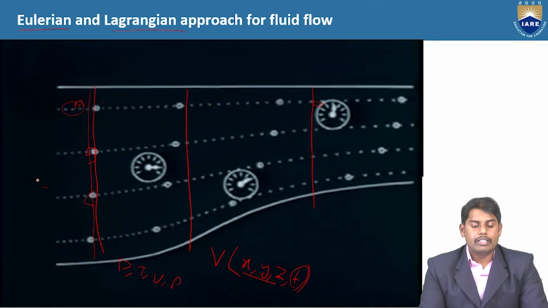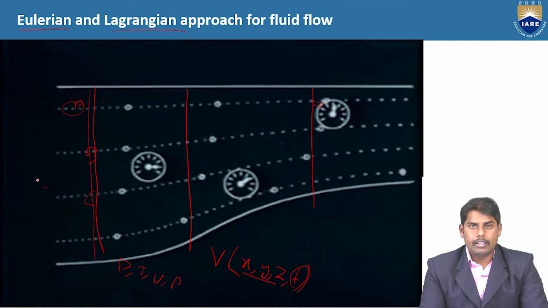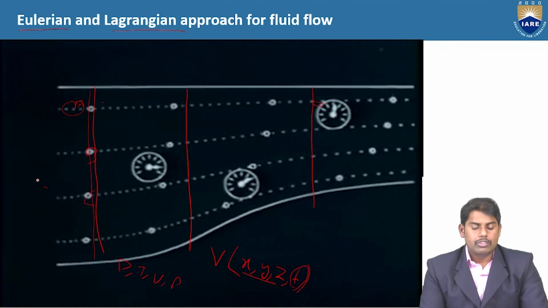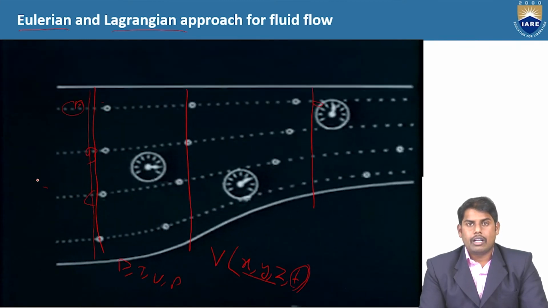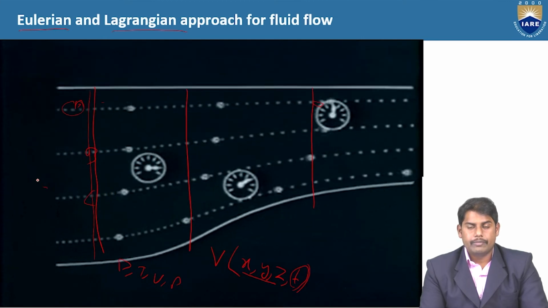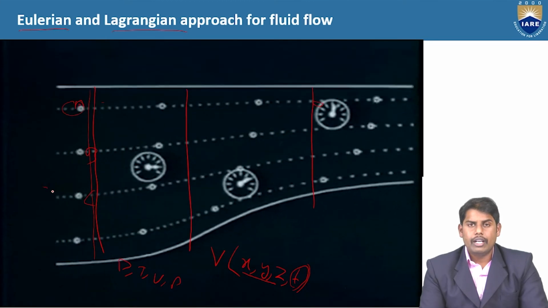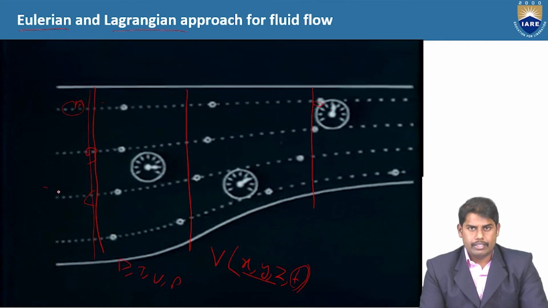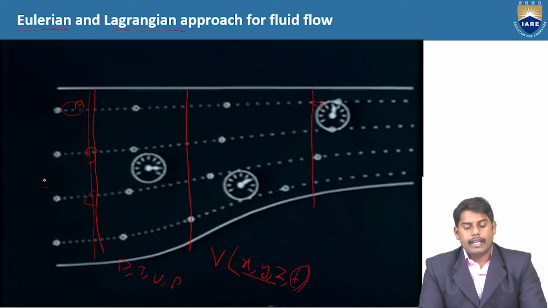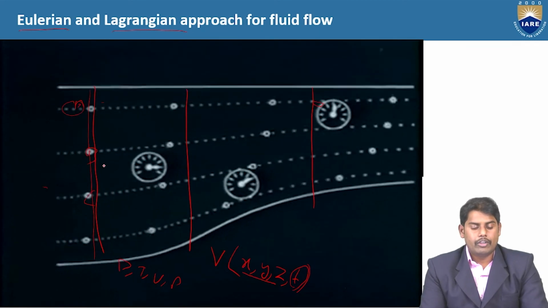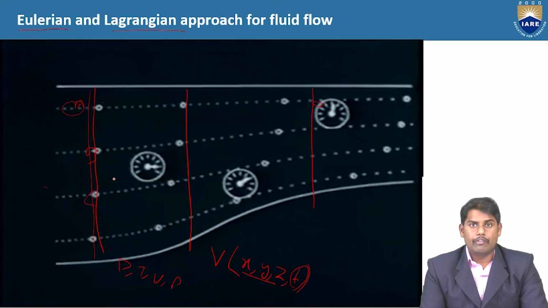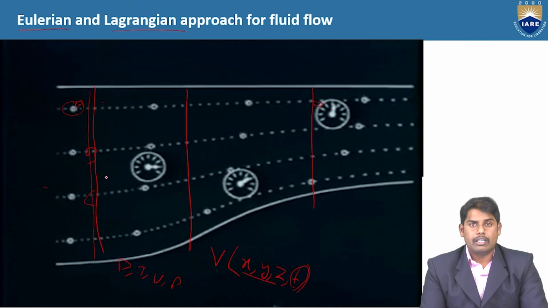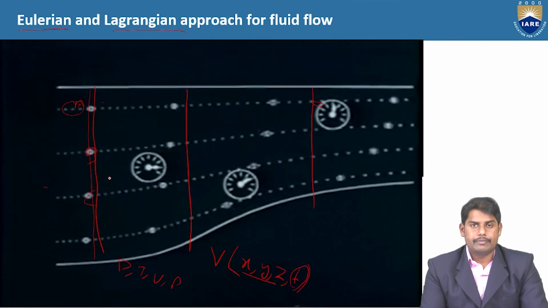The difference between the Lagrangian and Eulerian approach is that the Eulerian approach is used for continuum flow, where the fluid particles are continuous with respect to space and time, and you get the fluid properties as average estimates. In the Lagrangian approach, you estimate for a single fluid particle. This is the difference between the Eulerian and the Lagrangian approach in CFD.